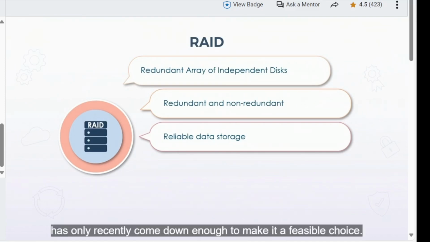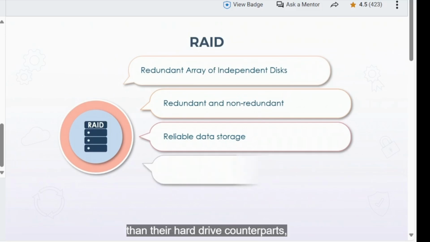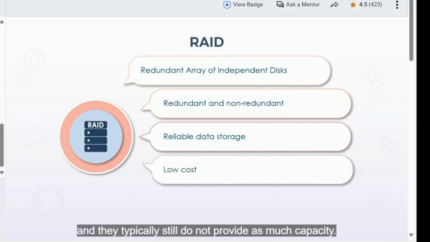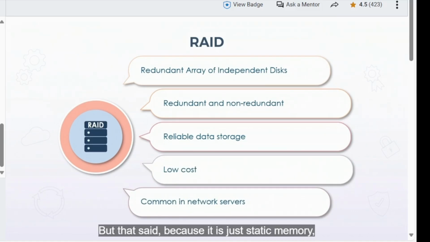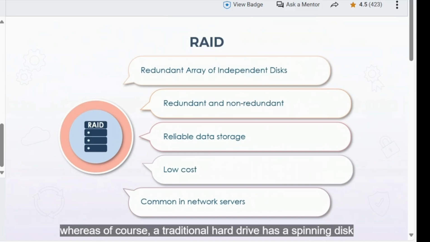So it implements the redundancy to be able to recover from that failed drive. Now, we'll get into that in a little more detail very shortly as well, but this is a relatively low-cost solution that is more commonly implemented in network servers where the reliability of data storage is more important, but you could implement it on a desktop system as well if you wanted to.